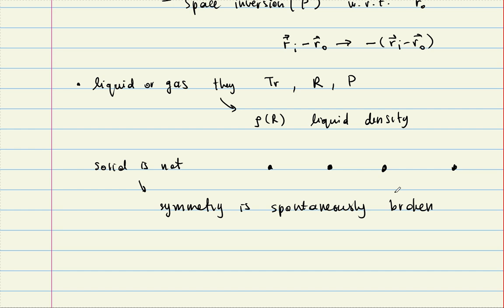There are interparticle interactions, and they can minimize their total energy when they are arranged in a particular solid or crystal form, but for this course we don't care. There's some mechanism that breaks the symmetry spontaneously, and that's our starting point. And that's why we have a crystal rather than liquid or gas. Okay?